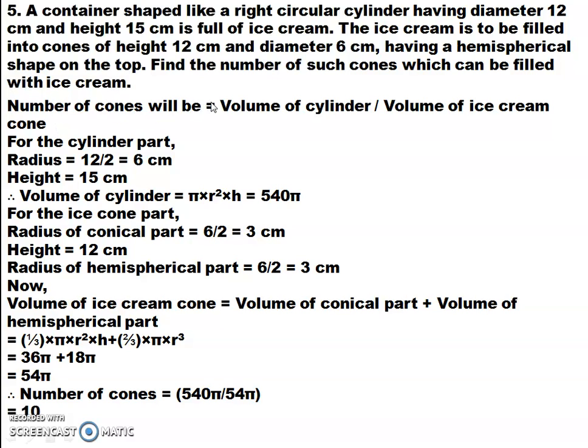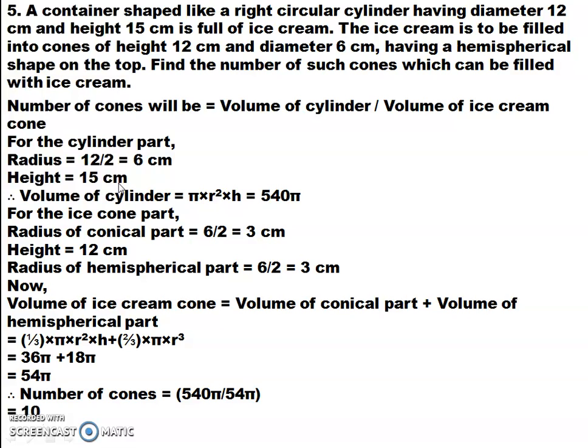Number of cones will be volume of cylinder by volume of ice cream cone. For the cylindrical part, radius is equal to 12 by 2, that is 6 centimeter. Here diameter is given as 12, so we'll take radius as 6.